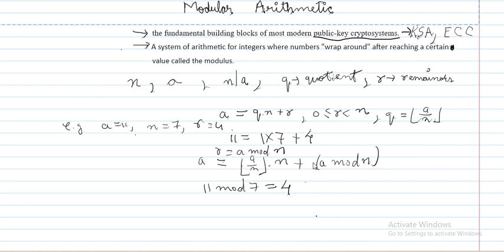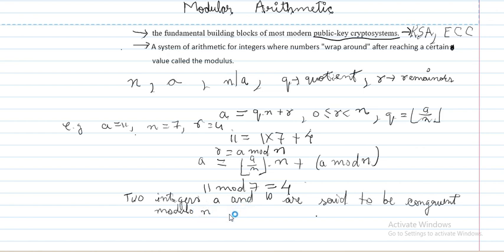And two integers a and b are said to be congruent modulo n if a mod n is equal to b mod n.